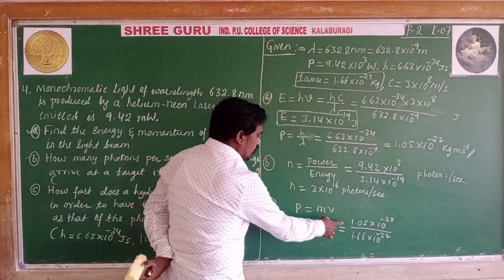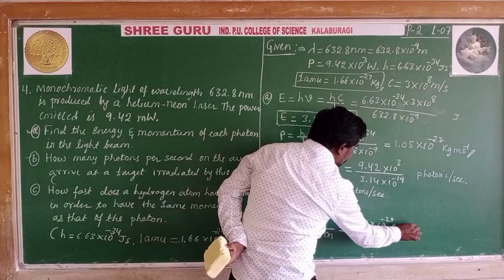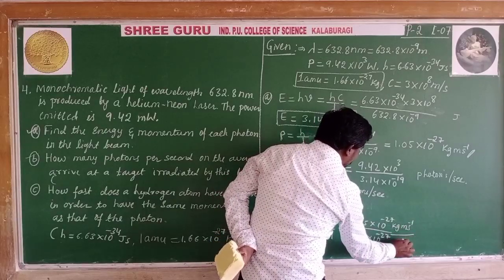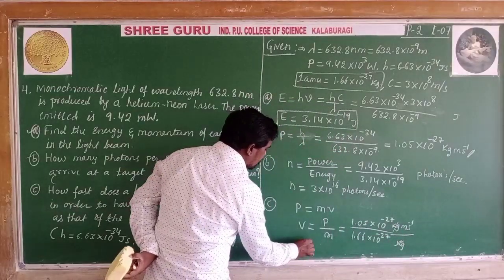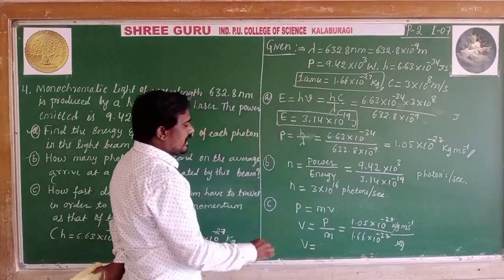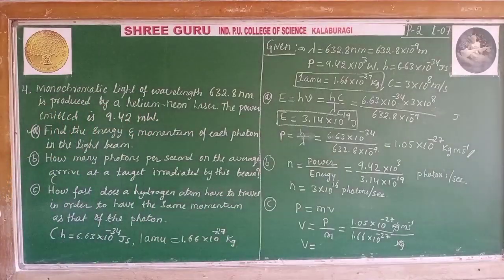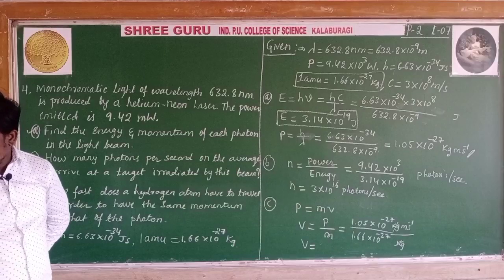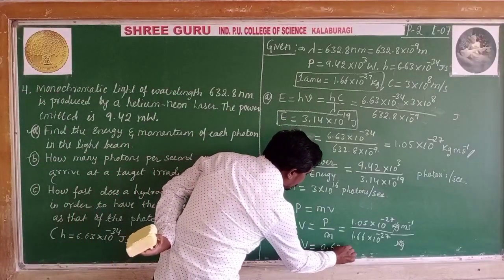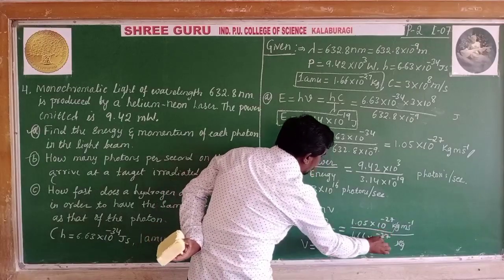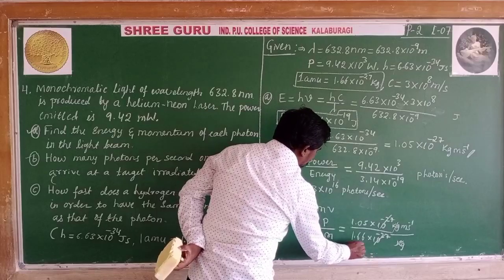Momentum unit is kg meter per second, and mass is kg. Now kg gets cancelled. The velocity v is equal to, just divide, minus 27 gets cancelled, that is 0.63 meter per second. Now divide it. The final answer is this much.